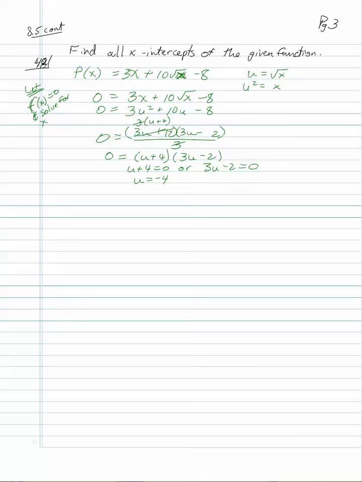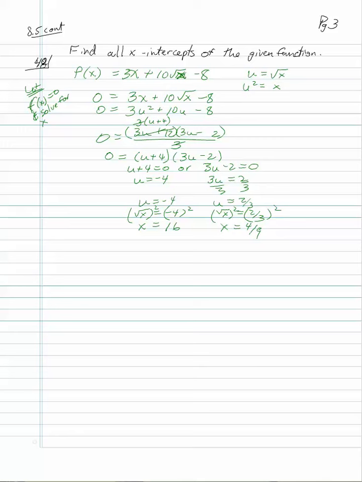So u is negative 4, or we're going to add 2 and then divide by 3. Now remember, we're not solving for u, we're solving for x. So again, we substitute back square root of x, square both sides, x equals 16. And the other: square root of x, square both sides, so x is 4/9.